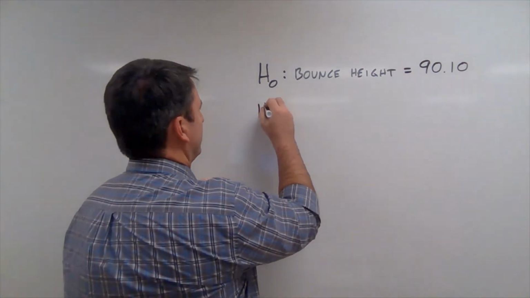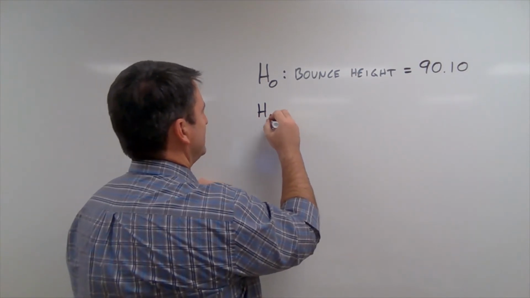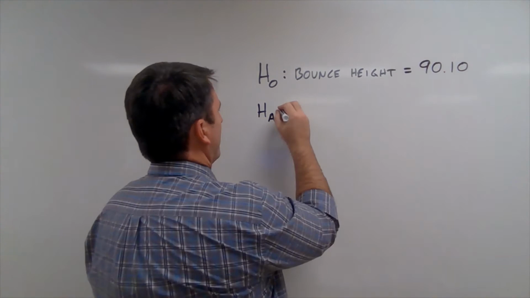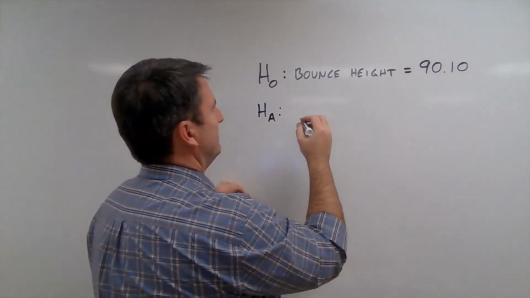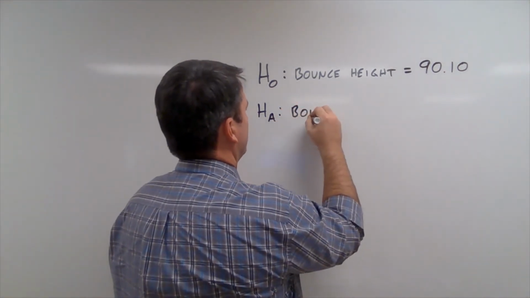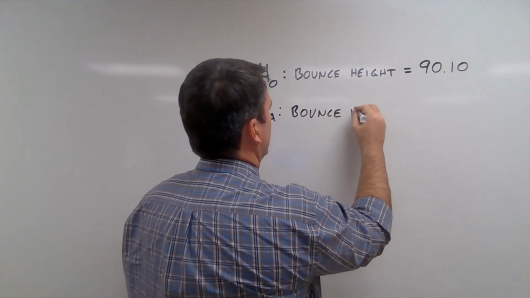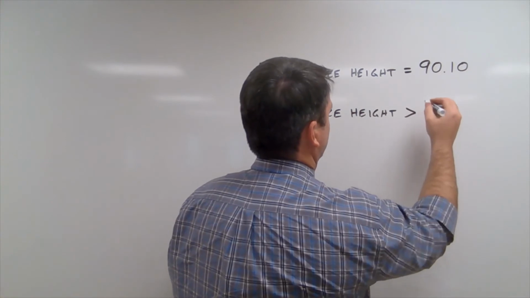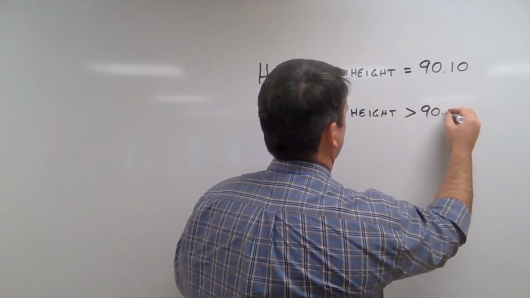So our alternative hypothesis, which we'll write as HA, sometimes written as H1, is going to be that the bounce height is greater than 90.10.